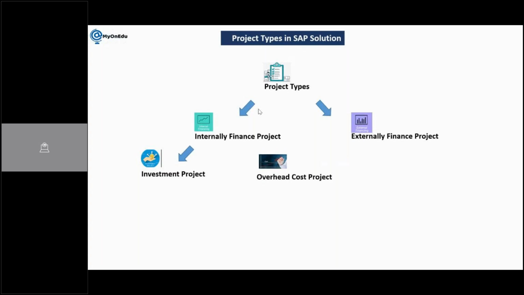In an investment project, we are putting in some amount and we understand that, as per our analysis, we will surely get some ROI, return on investment. For example, we already have an office building and we are constructing two more floors on it.